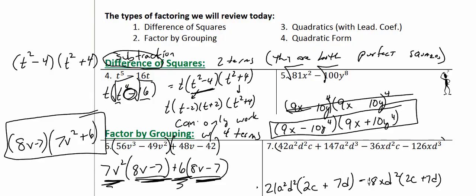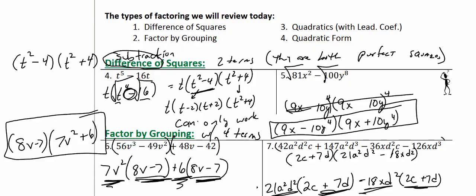Good song, everyone. You notice now these are the same, so I'm going to take one of those out, 2c plus 7d, and I'm going to write what's left. 21a squared d squared minus 18xd squared. I'm trying to think if I can do anything else.